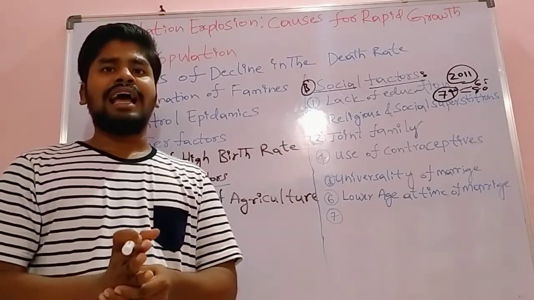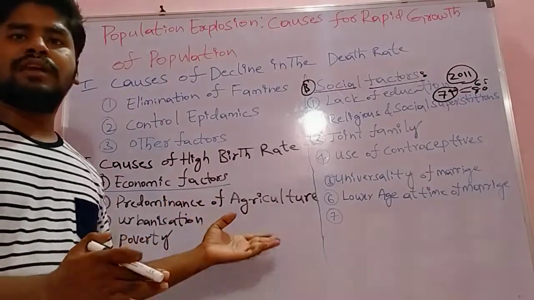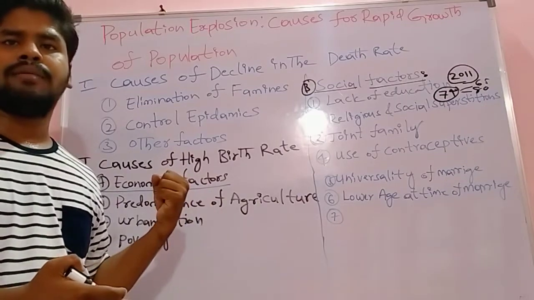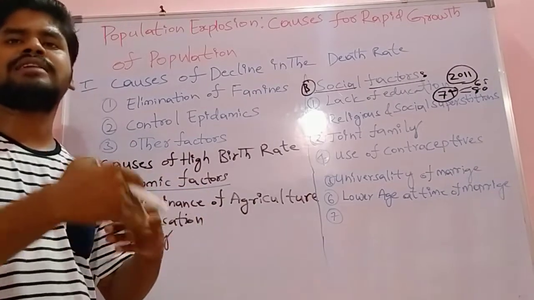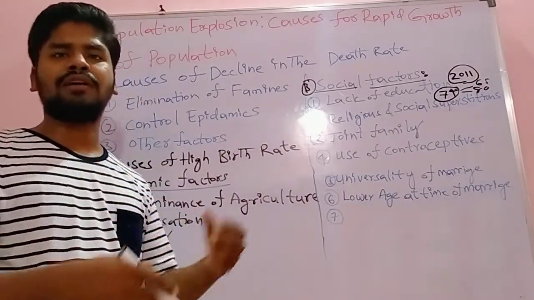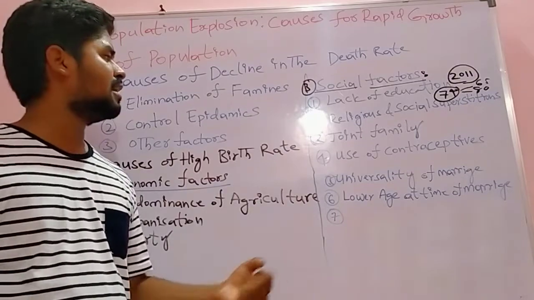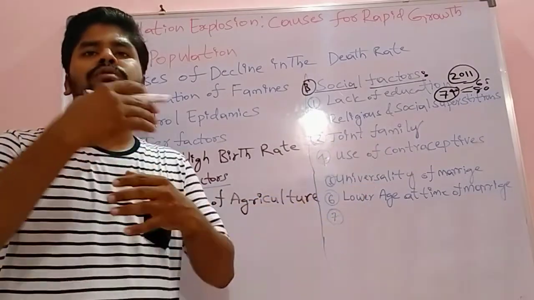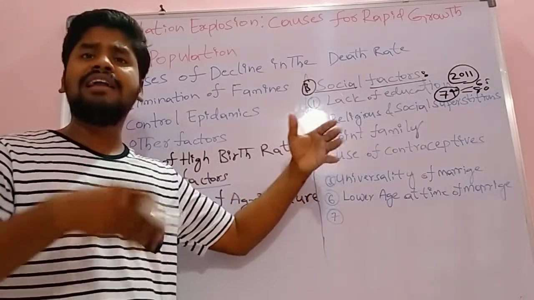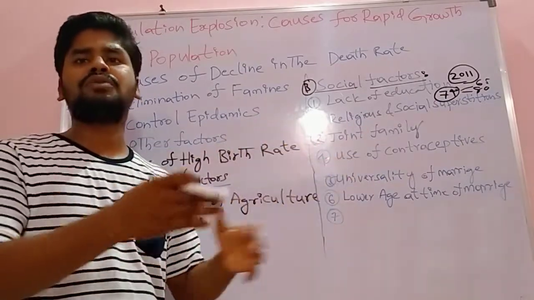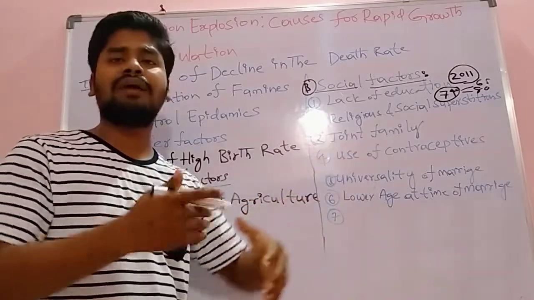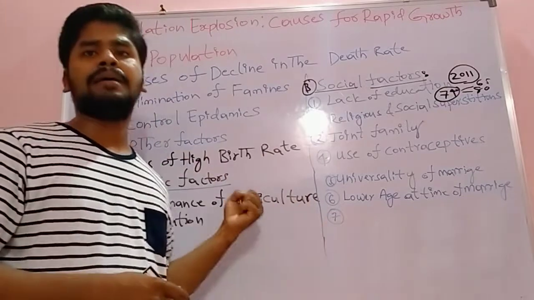As in the agriculture sector, people never thought children were a burden on the family, because if the family size increased, they would work more in cultivation and production of crops. Likewise in the joint family system, couples gave birth to children while the elders took care of them. So there was no problem. That is why the joint family encourages the birth rate.